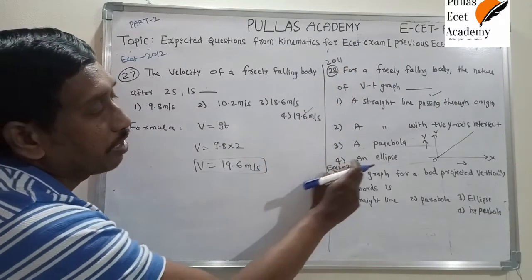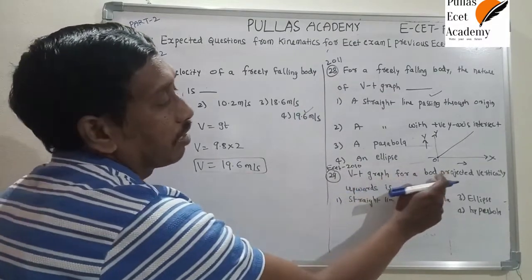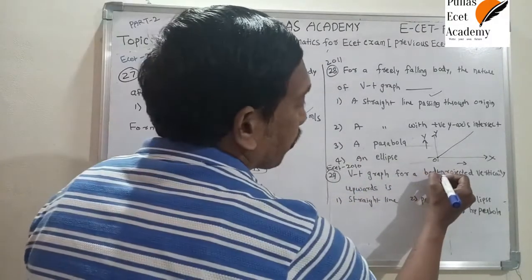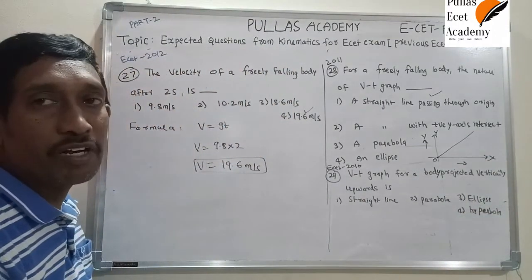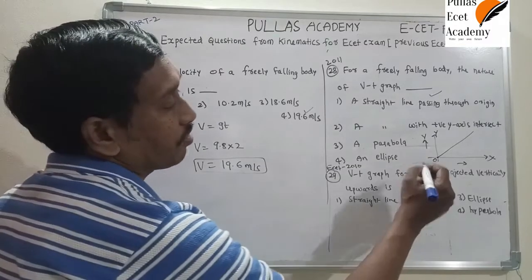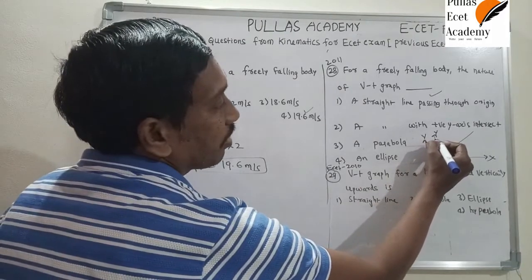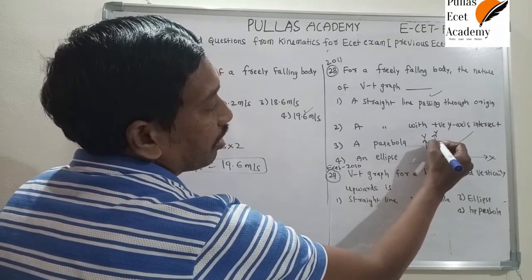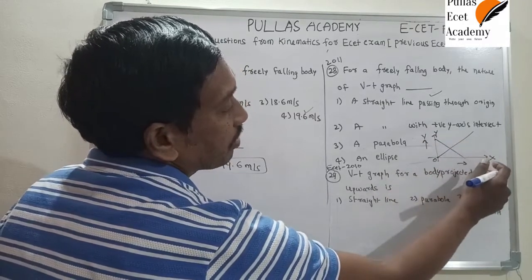In the 2010 paper, the same type of question is repeated: the v-t graph for a body projected vertically upwards. For vertically upwards motion, velocity gradually decreases. So first the initial velocity is greater, which means the line starts at some point on the y-axis. In this way, velocity decreases with time.